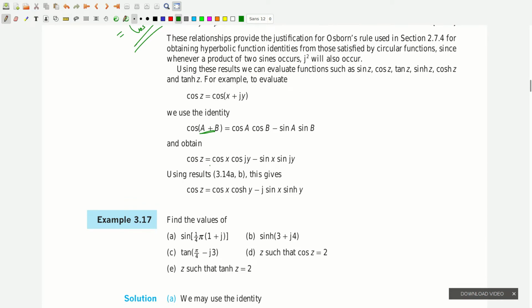We already know the expression for cos jy: cos jy is the same as hyperbolic cos of y, and sine jy is simply j times the hyperbolic sine of y. So the rest here is just substituting what we already know.